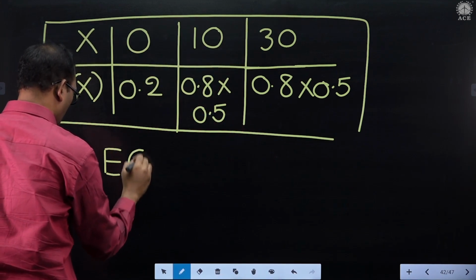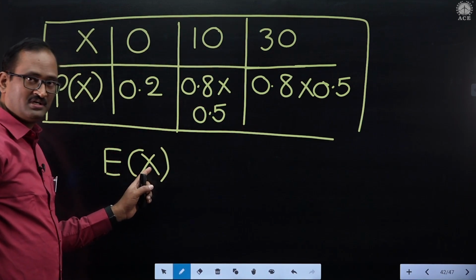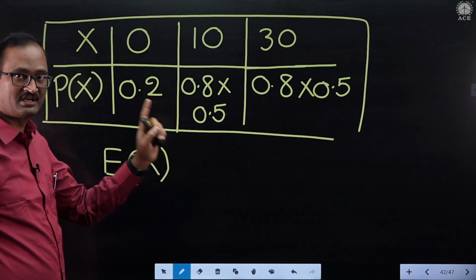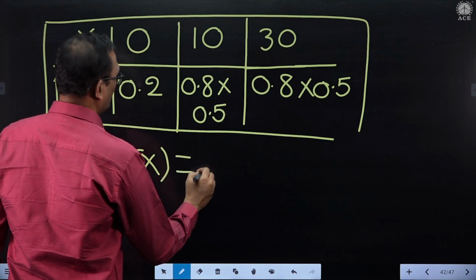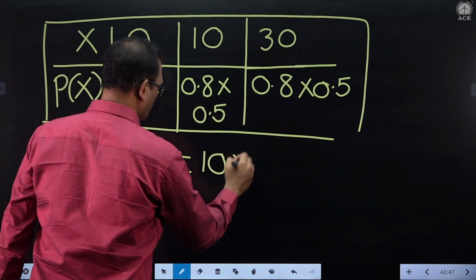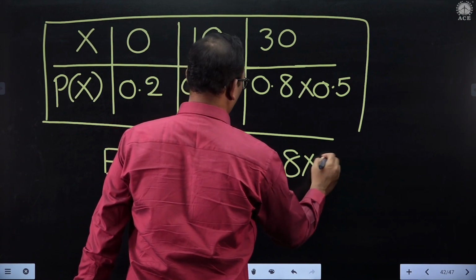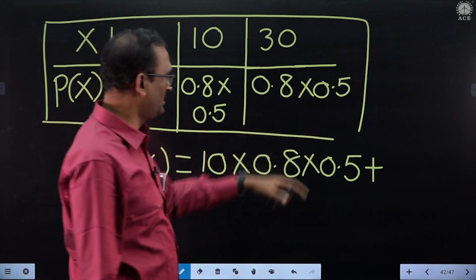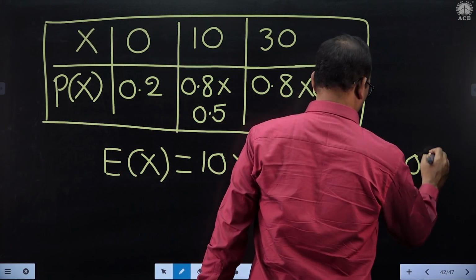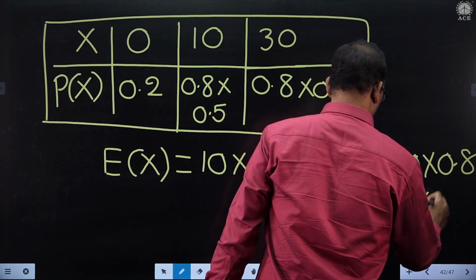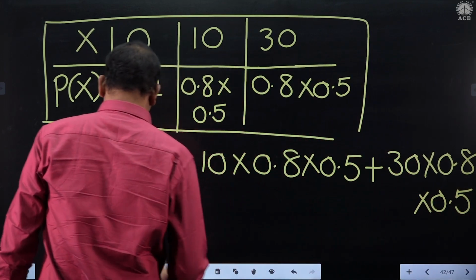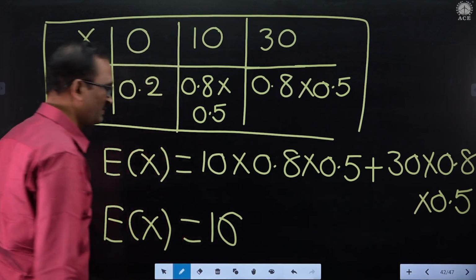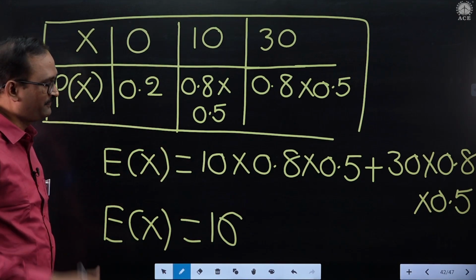Let us write expected marks scored, where X is marks scored in the sequential order of question A and then question B. For this, probability value: 10 into 0.8 into 0.5 plus 30 into 0.8 into 0.5. Answer is 16.